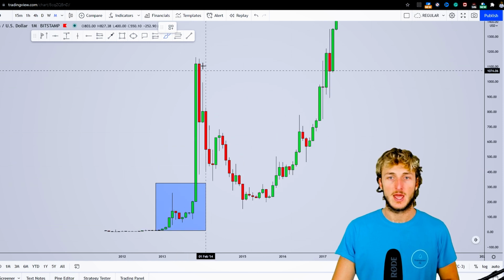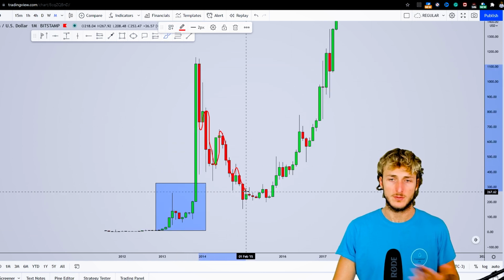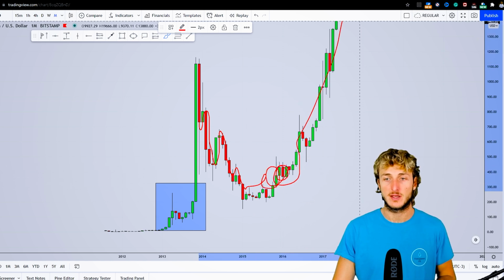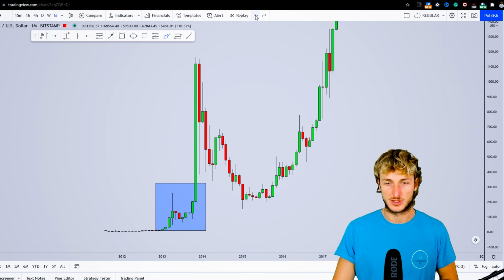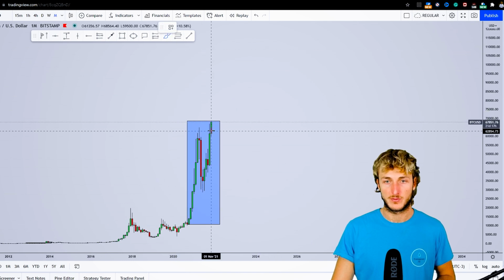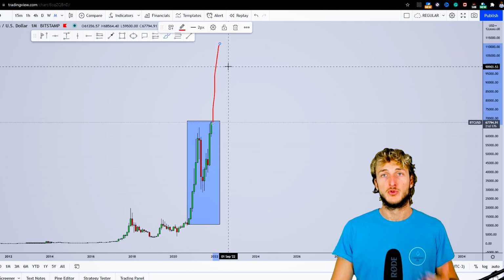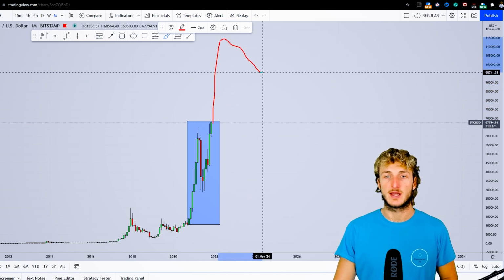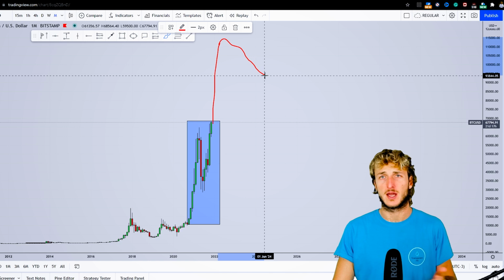Then we had the usual bear market, crypto bear market. Then we had the next halving event and a new cycle started. And this is what I expect to happen once more. I expect an incredibly bullish November, possibly north of 100k per Bitcoin. Then I expect the usual bear market and correction.